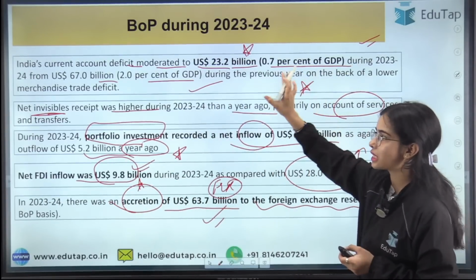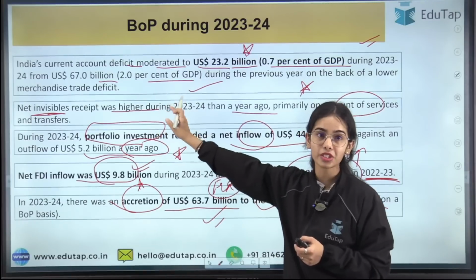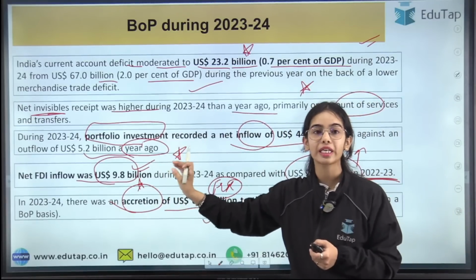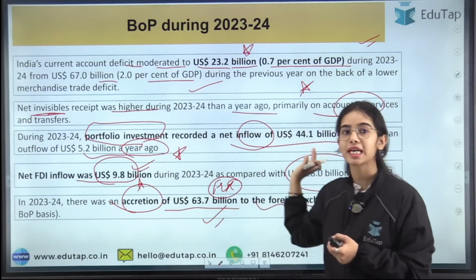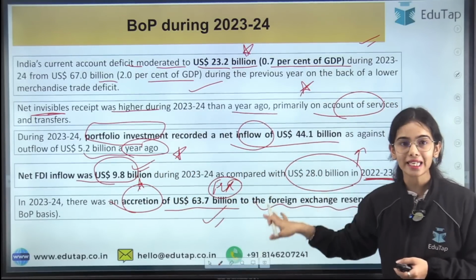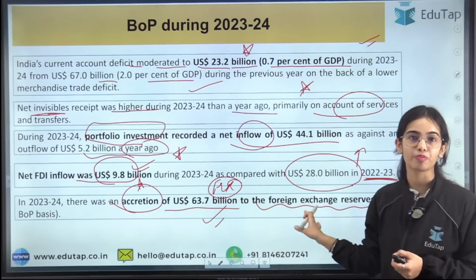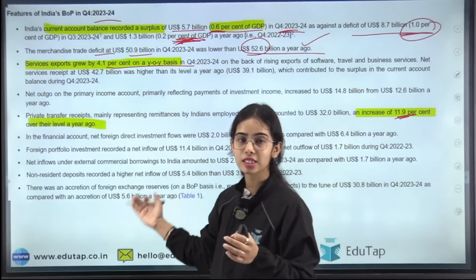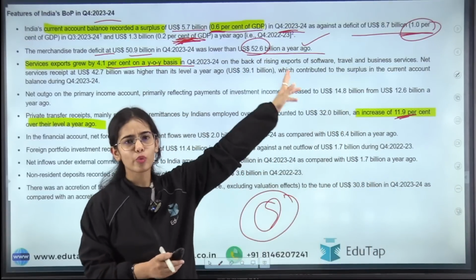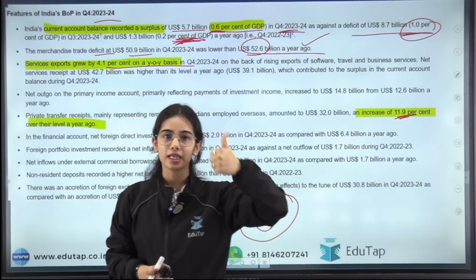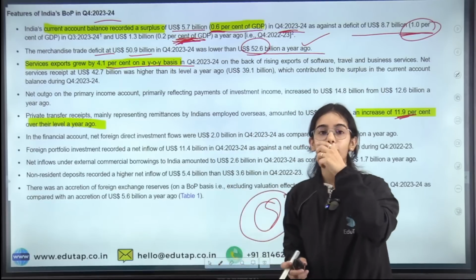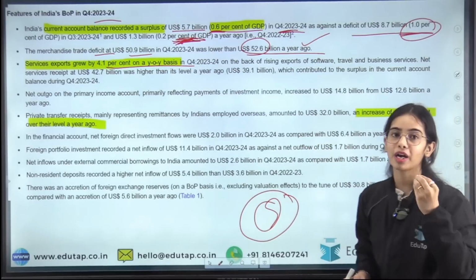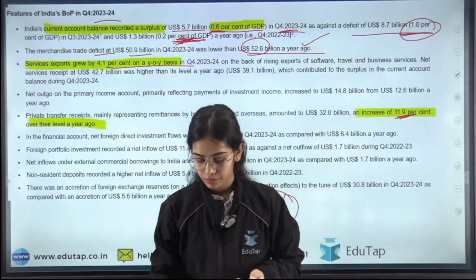As well as the invisible receipts have increased, portfolio investment has increased, and FDI, the foreign direct investment, is positive, but it has decreased from the previous year. Net accretion has happened in the balance of payment, that is, the surplus has happened in the balance of payment. Now this is the quarterly data, and the two most important points are the current account surplus in the fourth quarter, while the services exports grew by 4.1%.